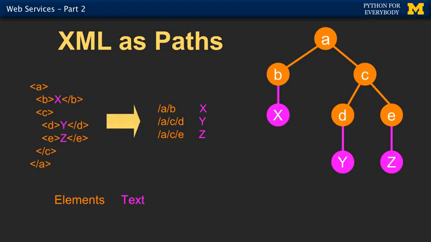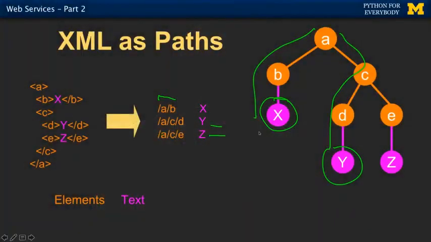Another way to think about these and a way to actually parse XML is through what we call paths. And in a sense, what you do is you just draw the tree and then you walk down the tree. And so this X could be thought of as a piece of data that's at /A/B. So you start at the top, go down to A, go down to B. What do you find there? If we go down here and go from A to C to D and find Y, that's this one, ACD. So this is like a path.